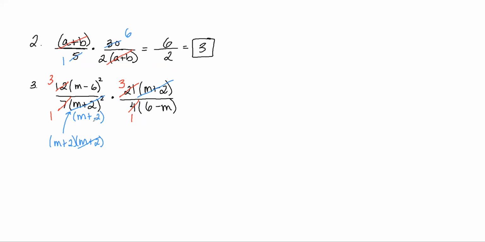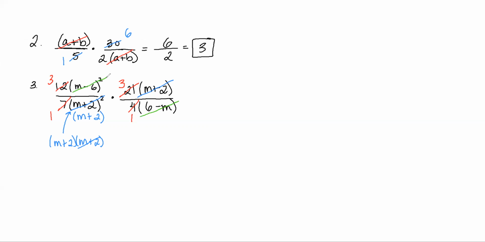And now, if we go ahead and look at this m minus 6 squared and the 6 minus m, if you remember from the very end of section 7.1, m minus 6 and 6 minus m are opposites. So now what we're going to do in order to deal with these, I'll use a different color here, we're going to cancel out 1 from each, just like we did with the m plus 2.